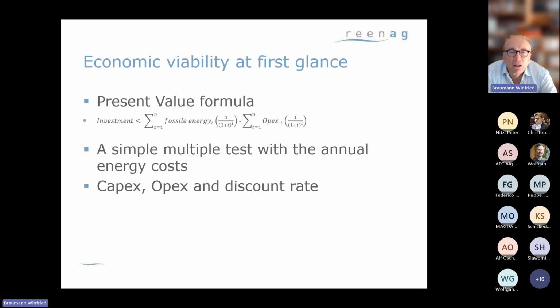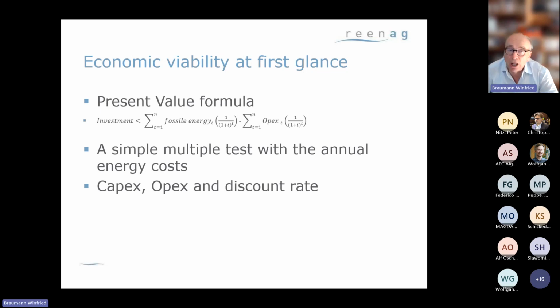Projects are only economical compared to fossil energy source projects if the investment and operating costs accruing during the economic life of the new plant are not higher than the costs that would have accrued with the old plant during this period.